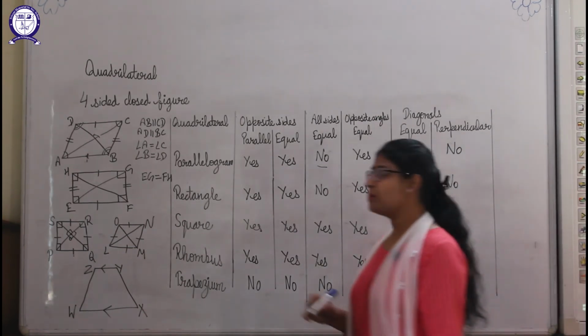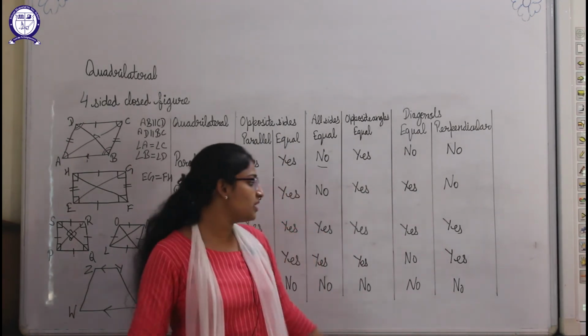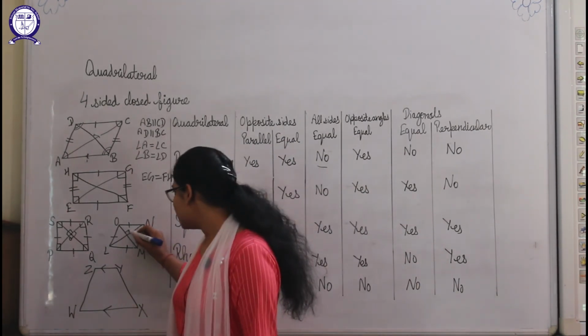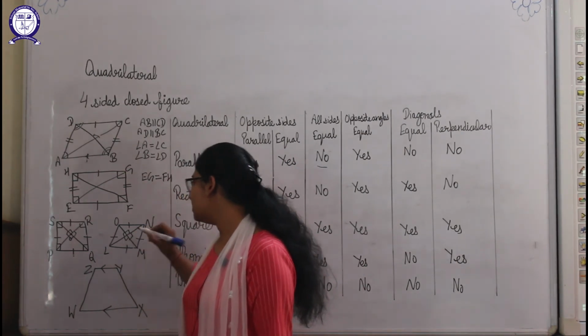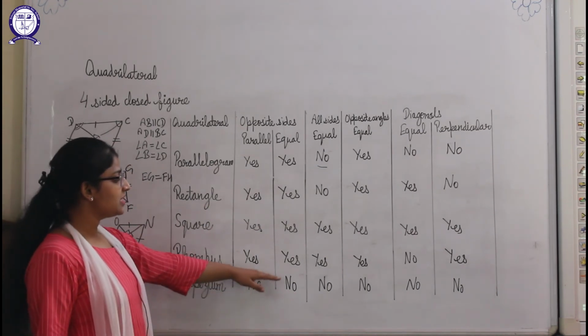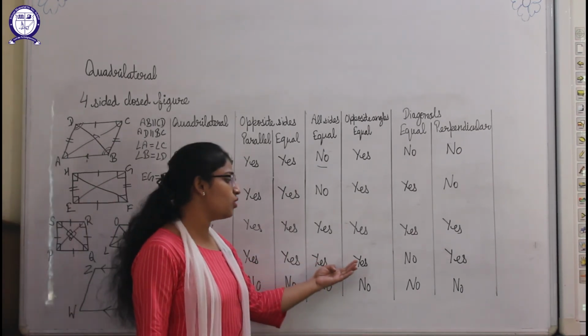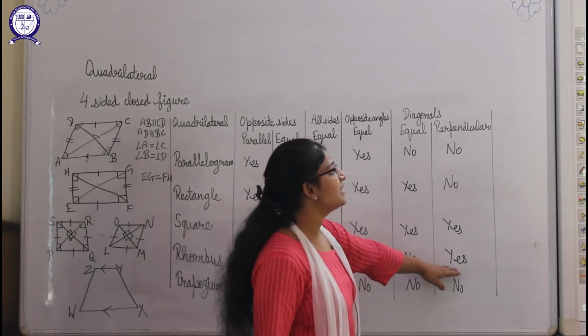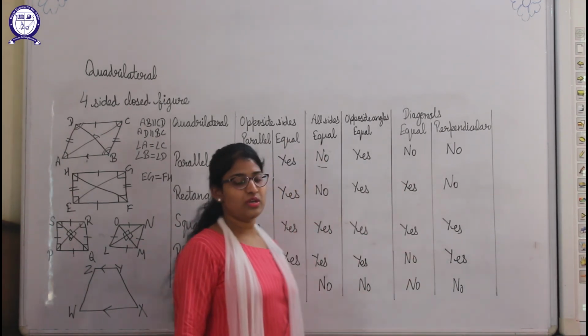No. In the case of a rhombus, diagonals are not equal, but they are perpendicular to each other. Means they intersect each other at 90 degrees. Okay, so in a rhombus we can say that opposite sides are equal and parallel, all sides and all angles are equal, and diagonals are not equal but they are perpendicular to each other.